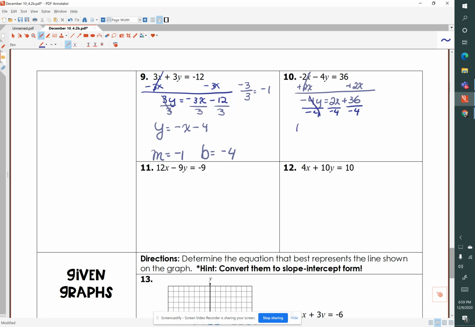So what we're going to end up with on the right side of this equation is -2 over 4, which will equal -1/2. So y equals -1/2 x minus 36 divided by 4 is 9. So our m value is -1/2 and our b value is -9.